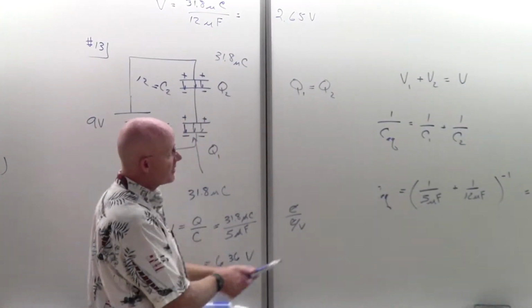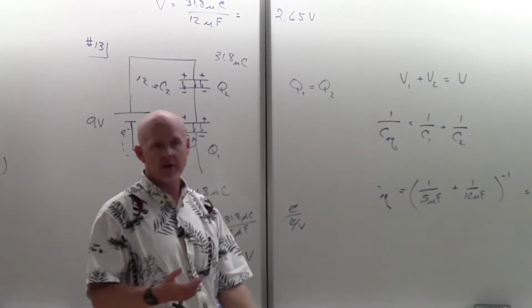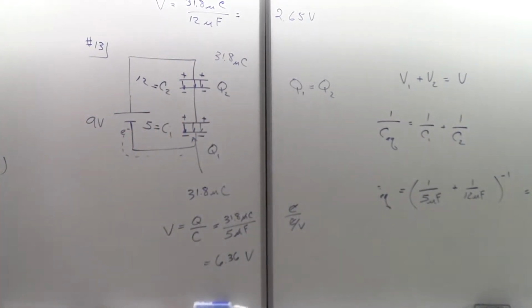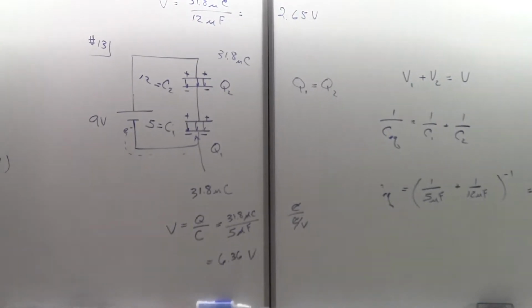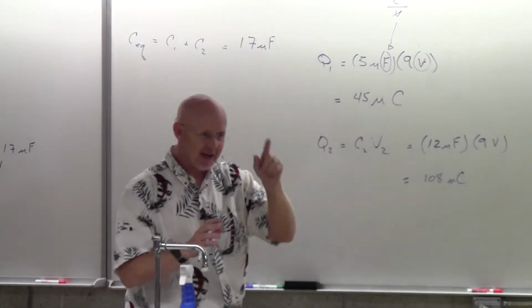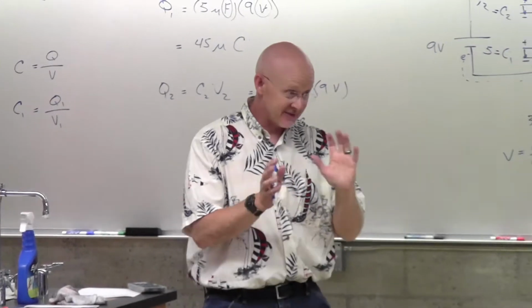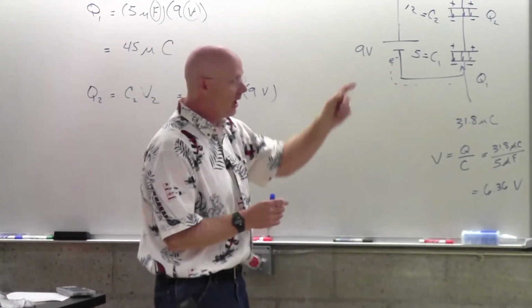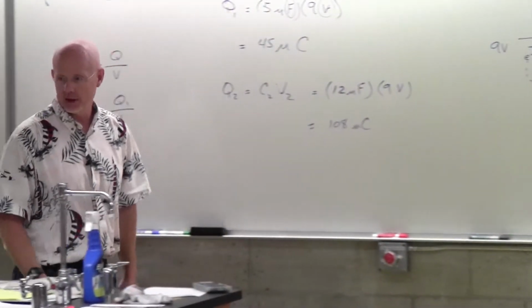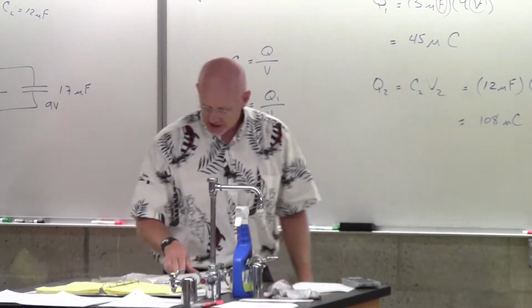If you did this one first and then added it up to 9, then you can go over here and confirm to see if it matches. And so it's really nice on a test to know that you can walk out going, okay, I put the voltages and charges in those boxes and they all matched up, and good. Because if you made a mistake, you would have caught it right there before you left. Well, I think there was a part C on here.